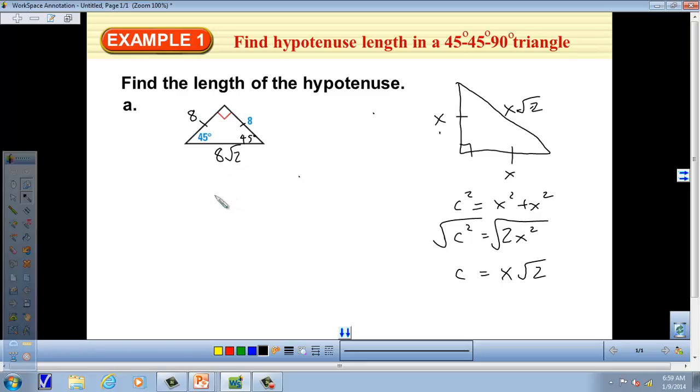No work needed. Okay. If they give us that one angle is 45, remember that if this is 90 and this is 45, these two have to add up to 90, so this would have to be 45 as well.